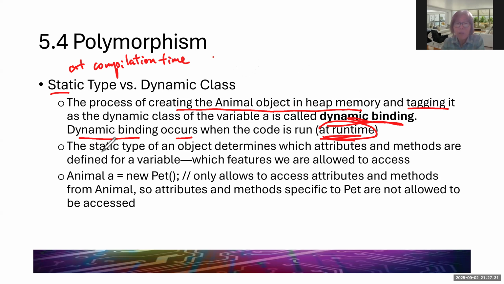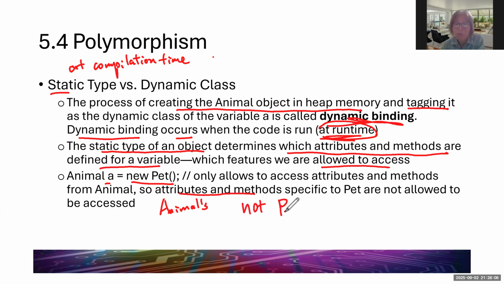And the static type of an object determines the attributes and methods that are defined for that variable, and that they are allowed to access. So if we do Animal A equals new Pet, keep in mind you are only allowed to access Animal's attributes and methods, not those specific to Pet, like owner and getOwner.